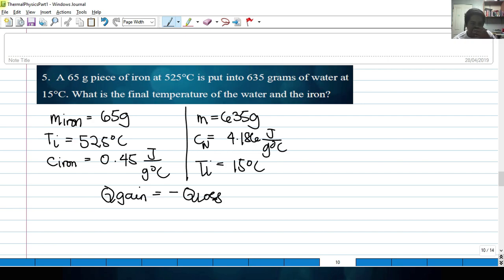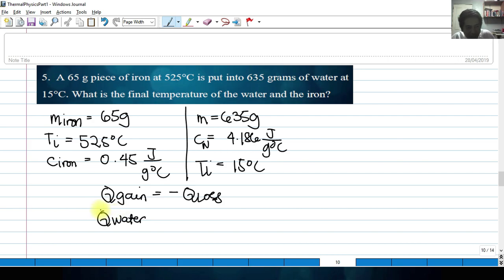So, what we are going to do is that in this case, the object that gains heat is actually the water. Okay, because when the iron is placed inside the water, the temperature of water rises. So the water gained an amount of heat.